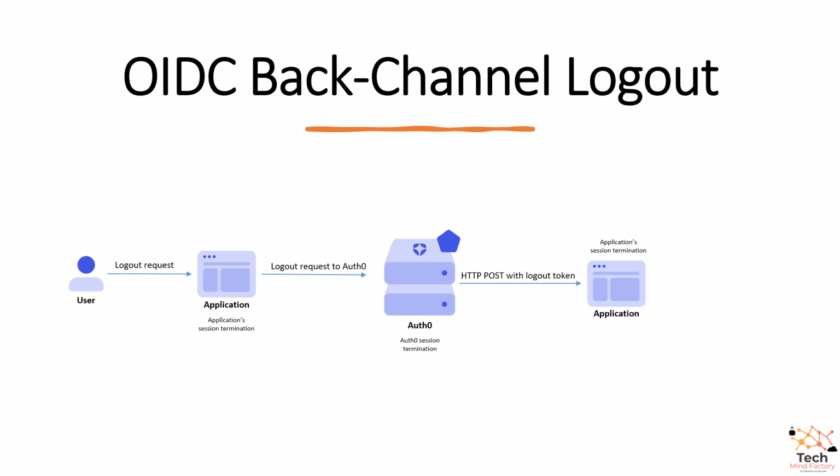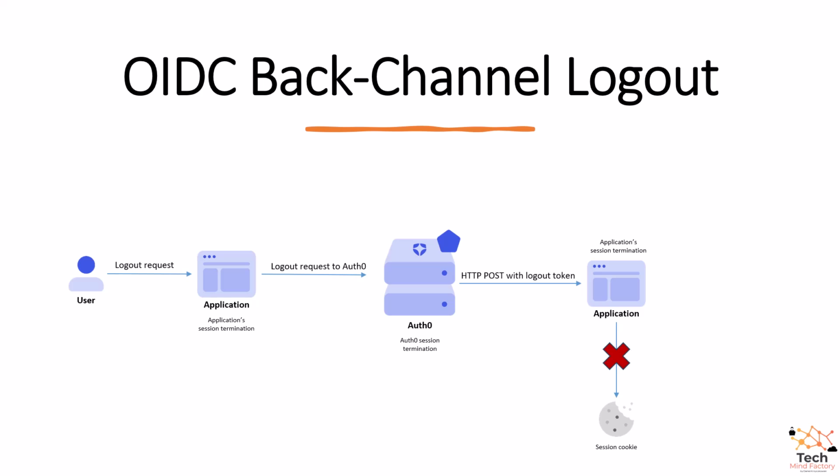However, with back-channel logout, we talk about processing something on the server side, on the backend side. So there is no cookie in this HTTP POST sent. We don't have access to cookies from the browser anymore because this request is happening on the backend side. So there is no access to the session cookie.